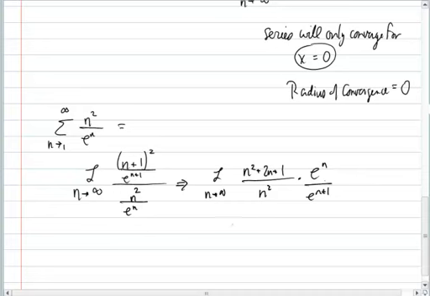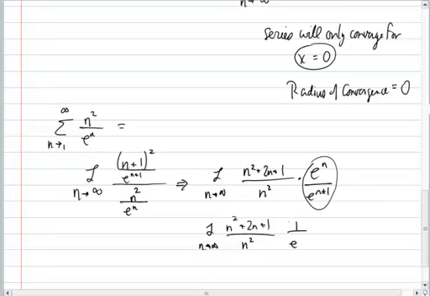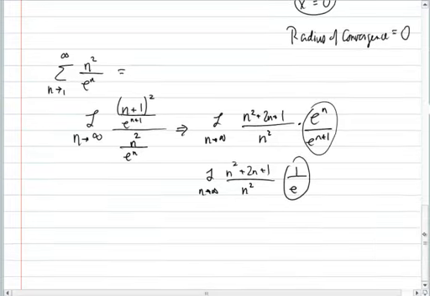I have n squared plus 2n plus 1 all over n squared. That's the limit as n goes to infinity. And this term simplifies to just being 1 over e. So that 1 over e really has nothing to do with n, so that can come out of the limit as a constant.